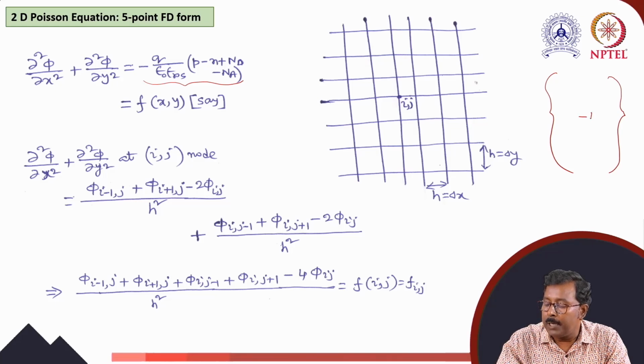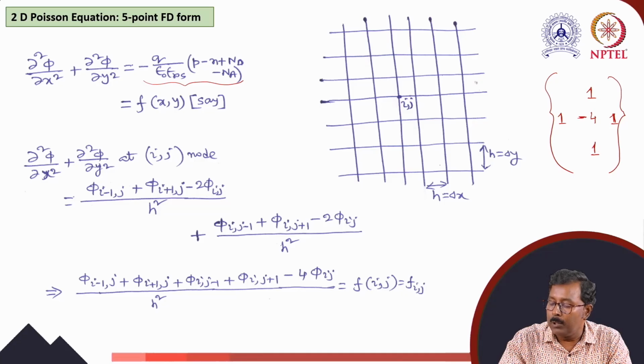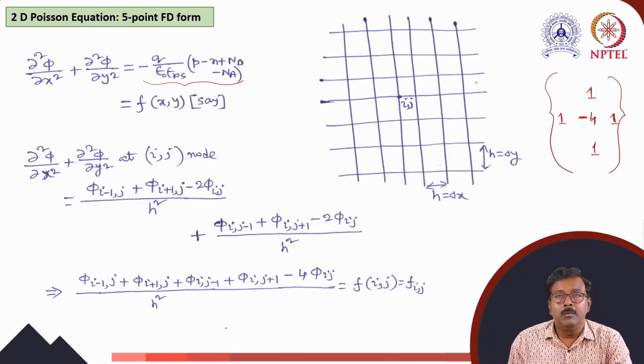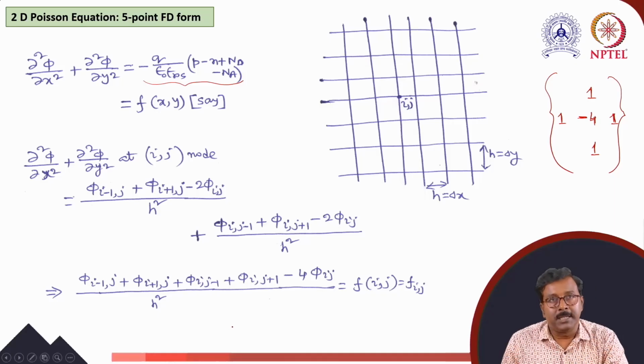The central point is minus 4, the left node coefficient is 1, the right node also 1, the top is also 1 and the bottom is also 1. So this node value with a weightage can be remembered in this way. This is the 5-point technique. Let us now consider a specific example.